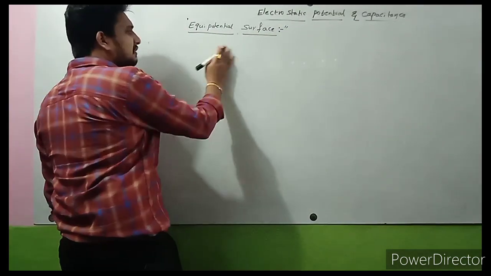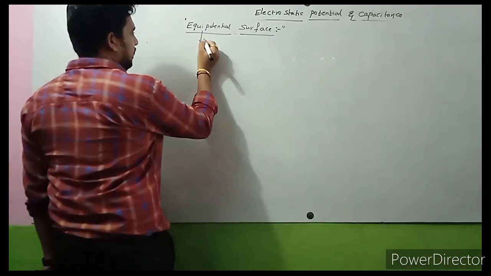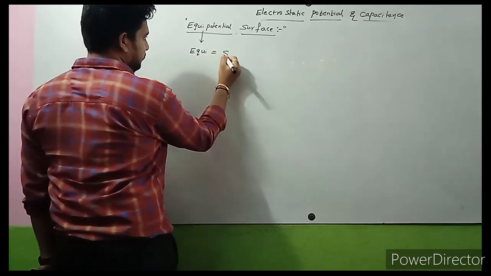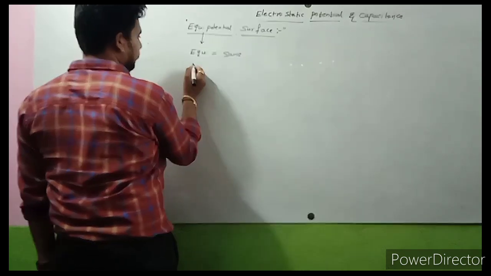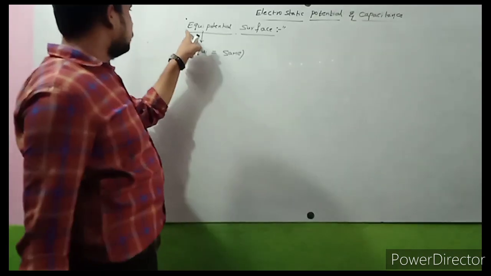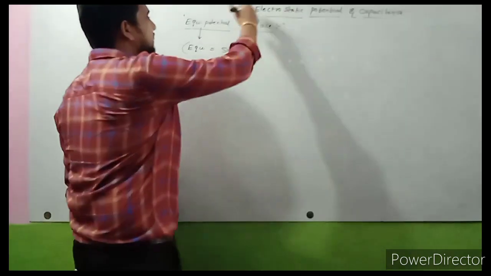So the name itself has a definition for this concept. Equi means same. Now observe, equipotential means same potential throughout the surface.